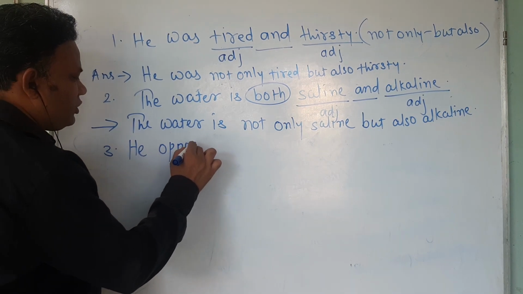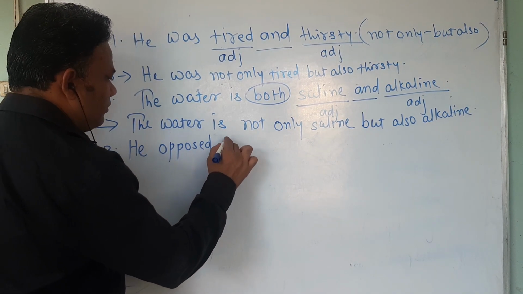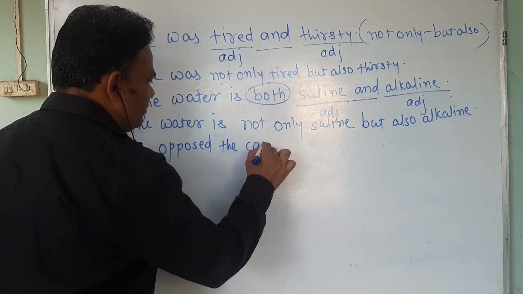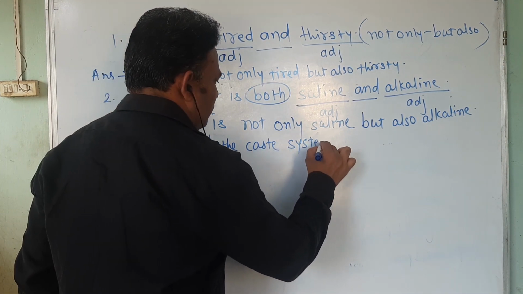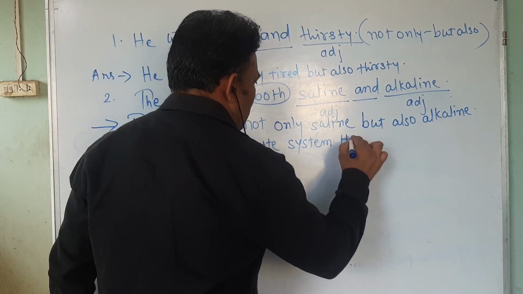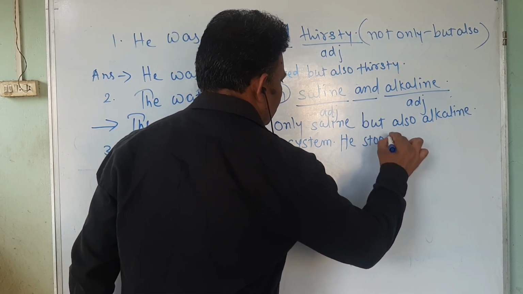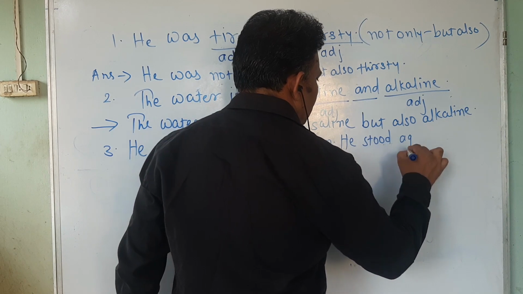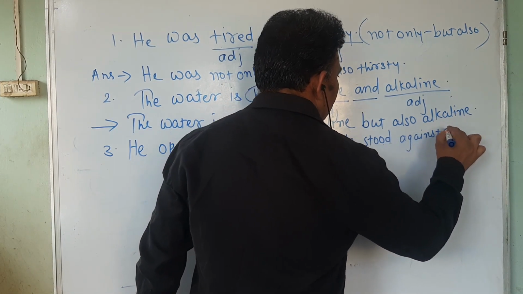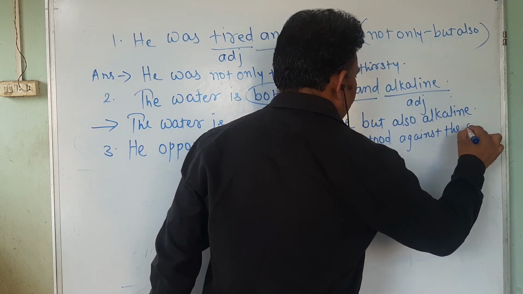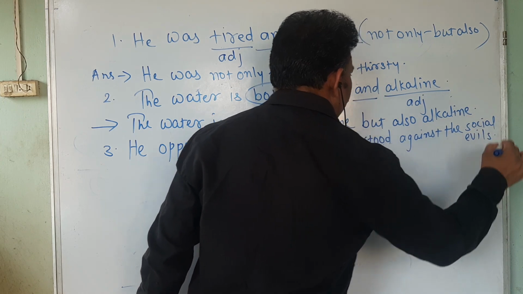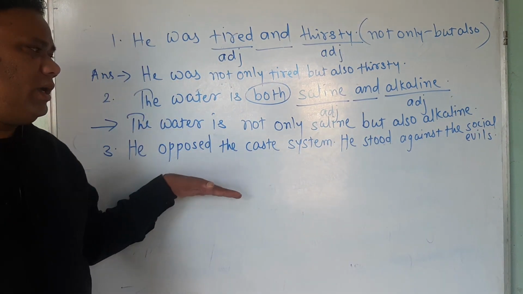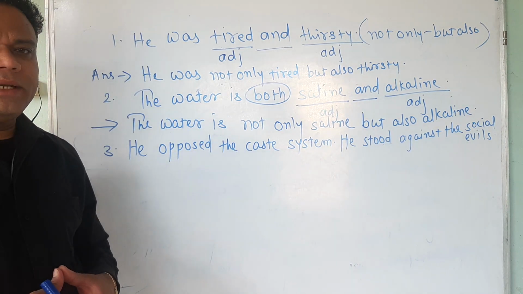He opposed the caste system. He stood against the social evils. Now here two independent sentences are there.